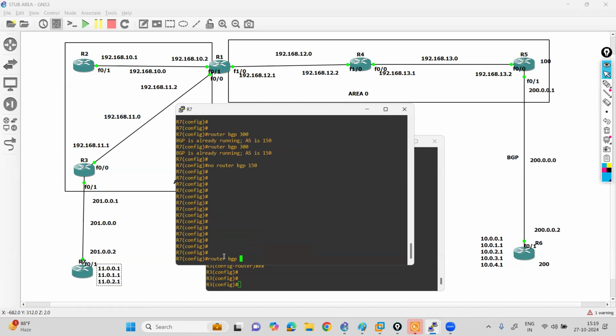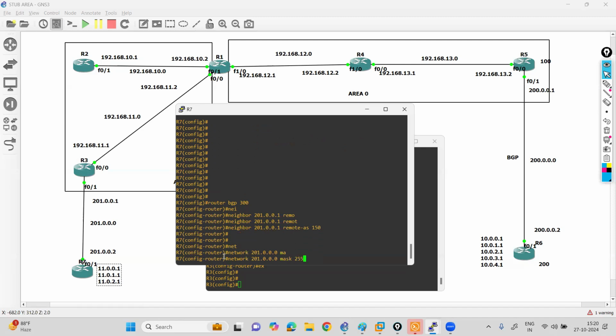Router BGP 300. Okay. Neighbor 201.0.0.1. Okay. Remote AS 150. Clear? Network 201.0.0.0. Okay.